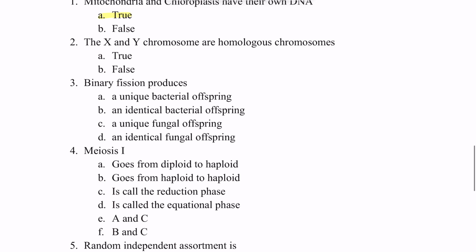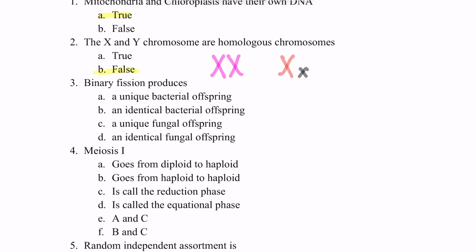Number 2, the X and Y chromosomes are homologous chromosomes. True or false? The correct answer is false, right? Homologous chromosomes are going to be very equal in length. For the sex chromosomes, the X chromosome is really big, and our Y chromosome is very small.